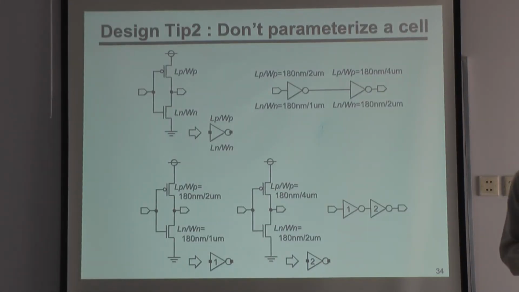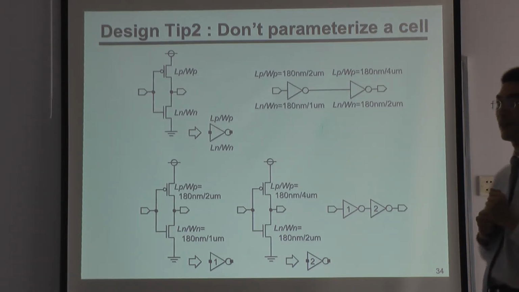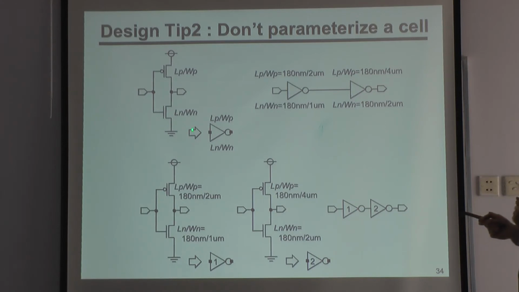And in Cadence, we can parameterize a cell. For example, we design inverters like this, and the inverter size can be parameterized, like LP, WP, and LN, WN, and the symbol has parameters like this. And put this symbol here, and we put parameters here and here like this.